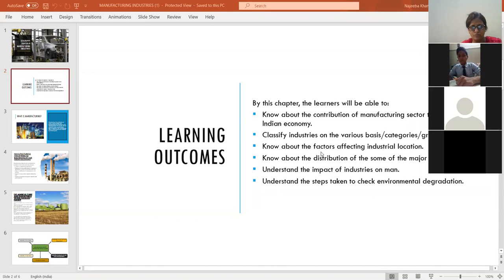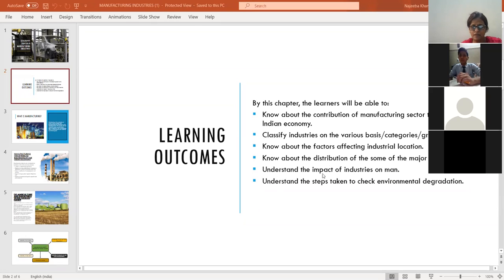Physical and human factors both are very important in locating industries, where industries should be located. That we will understand. Then to know about the distribution of some of the major industries. So we are not studying all the industries of our country, but very major industries of our country, which are contributing a lot to our GDP, that we are going to understand in detail, right?